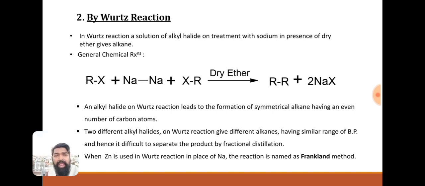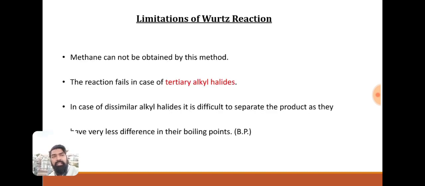When zinc is used in the Wurtz reaction in place of sodium, the reaction is named the Frankland method.